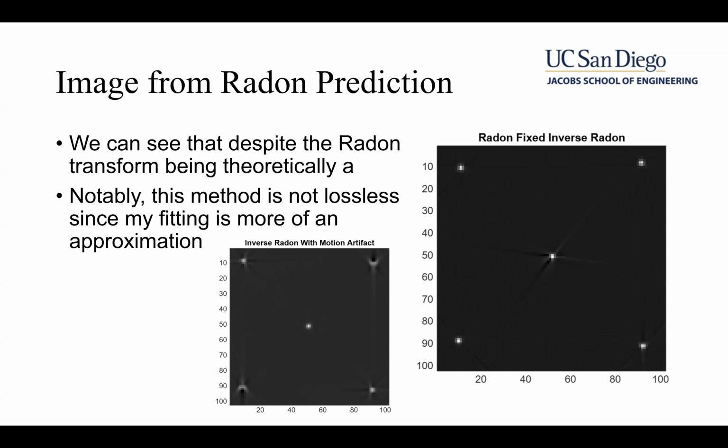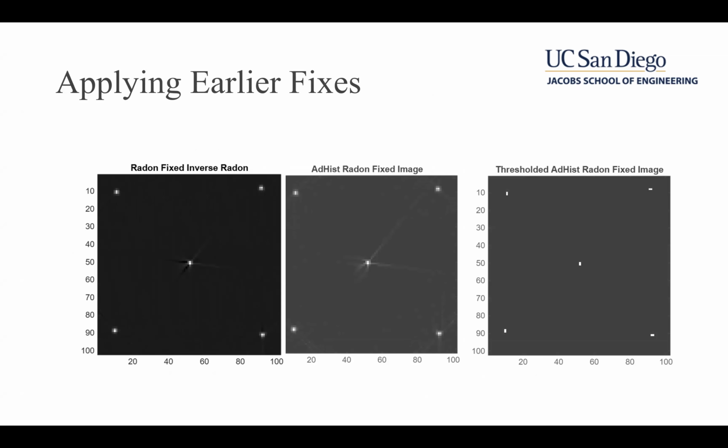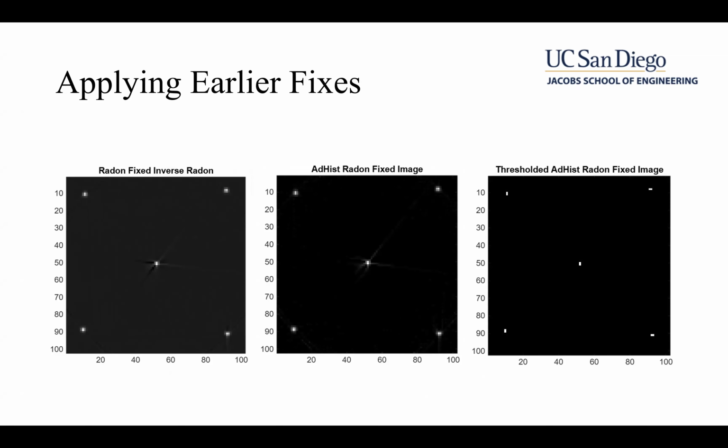And when we recreate the image using this new fixed Radon, we see that it is in fact much better than the original picture that we captured from the image with the motion artifacts. And if you apply other fixes, we see that all of the points of interest are uniform, and there is no odd separation of peaks.